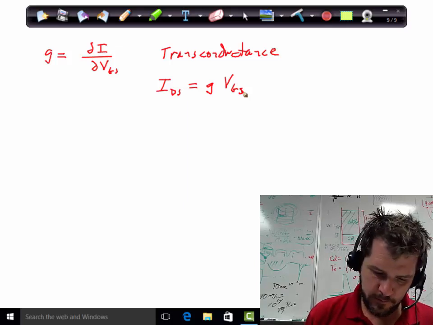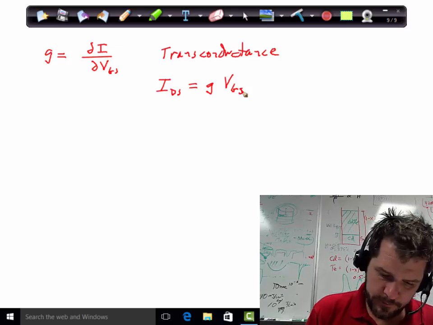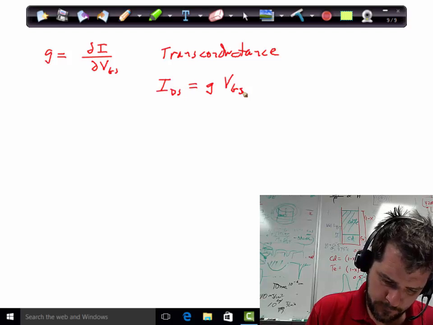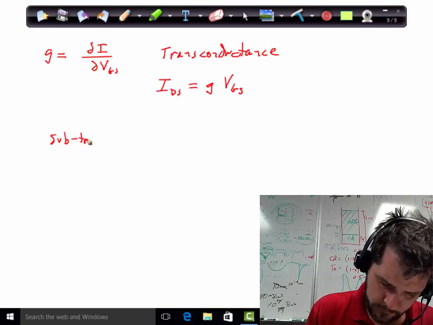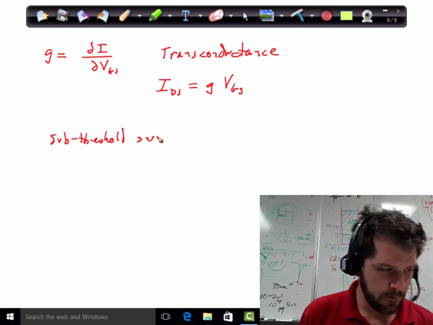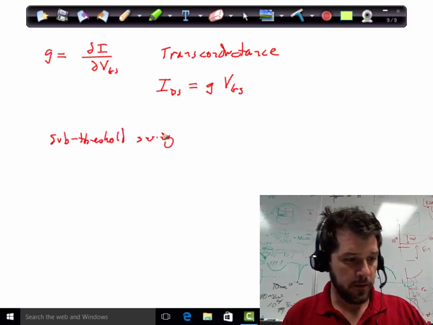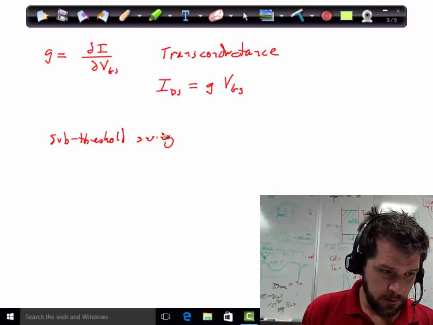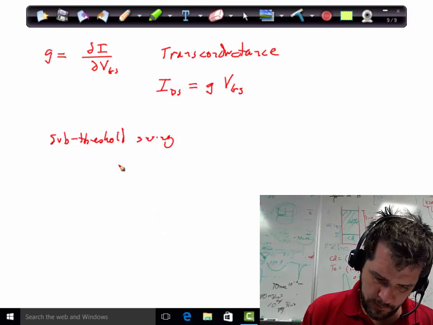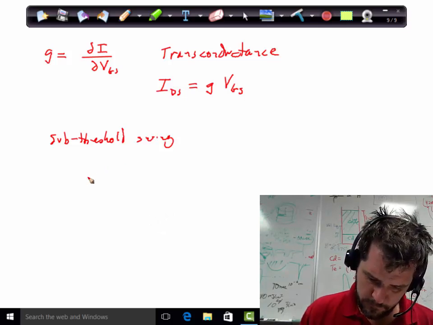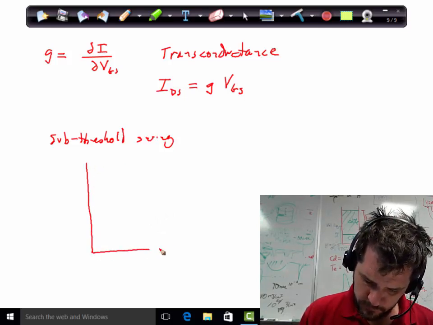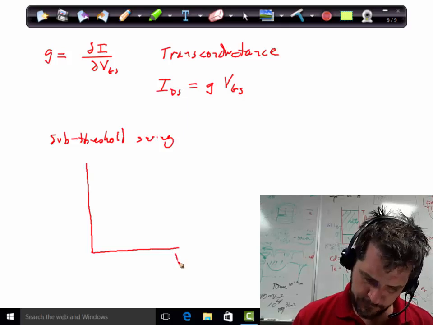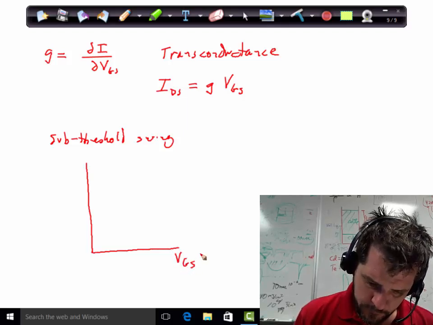The next thing I want to talk about is the subthreshold swing, or the subthreshold slope. So we started to at least mention this previously, but what you do is plot the current versus V gate source.